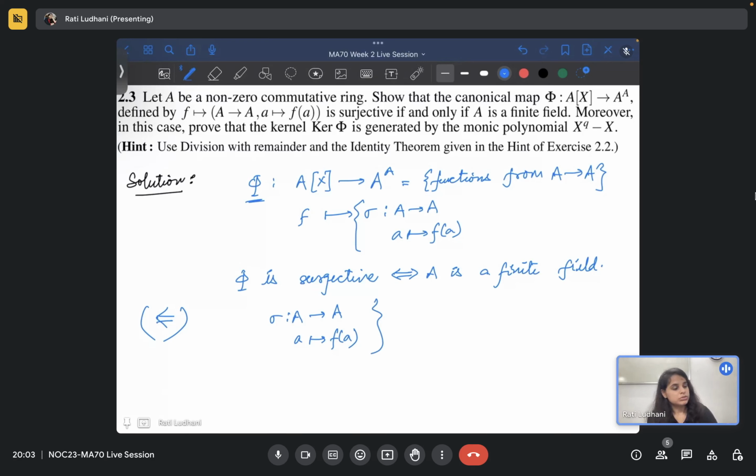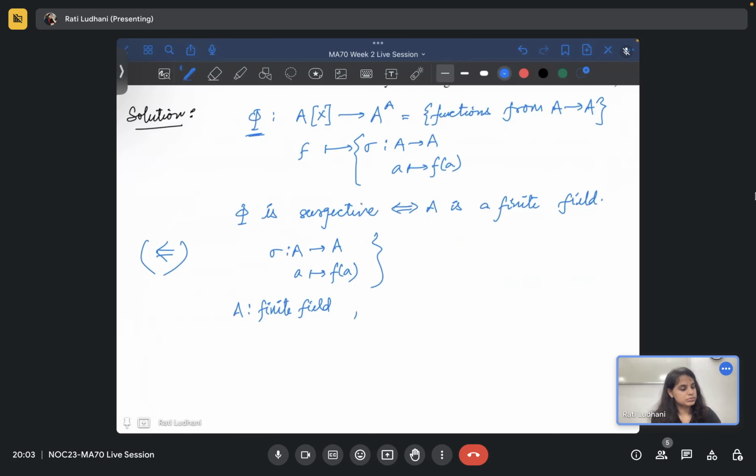Now, if A is a finite field, and field is important, then you just take sigma to be what? Now we don't know about f, we just know about sigma, which is a function.